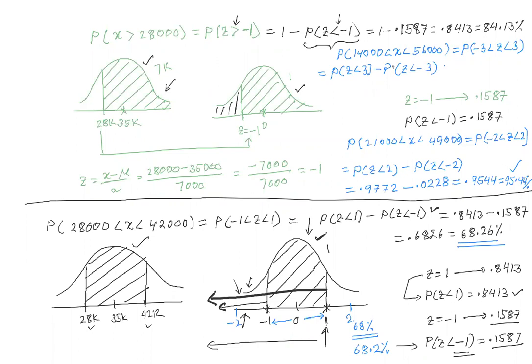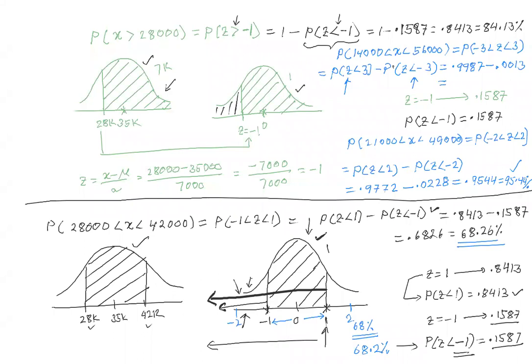If you look it up in the table, for +3 you get 0.9987, and for -3 you get 0.0013.